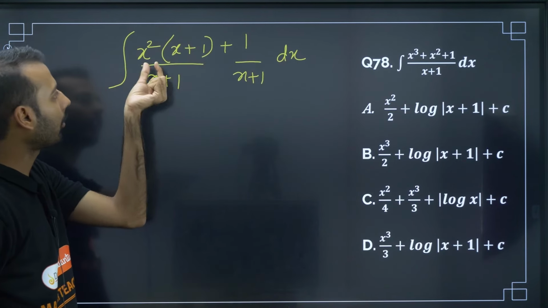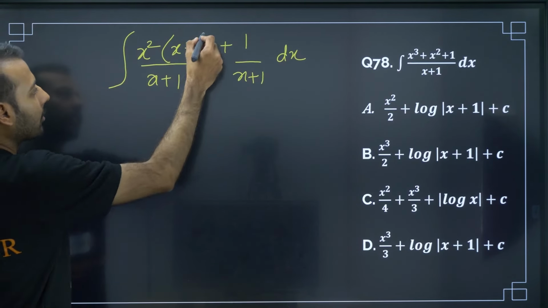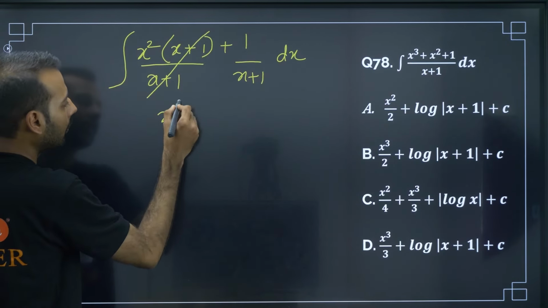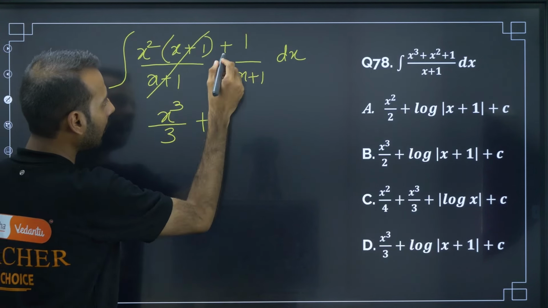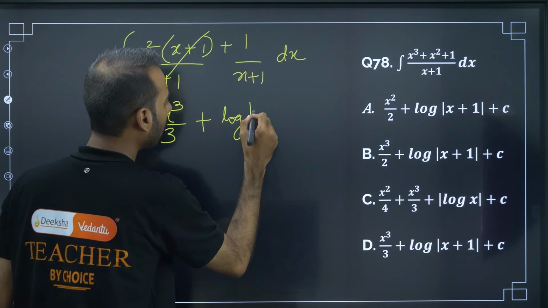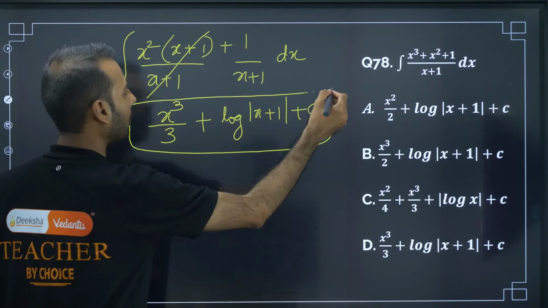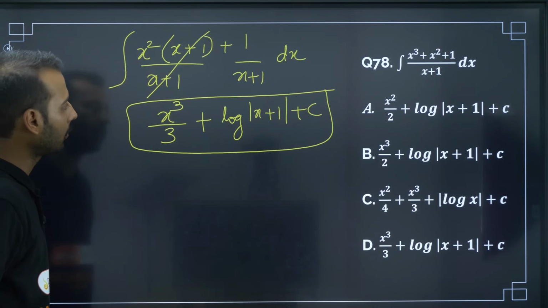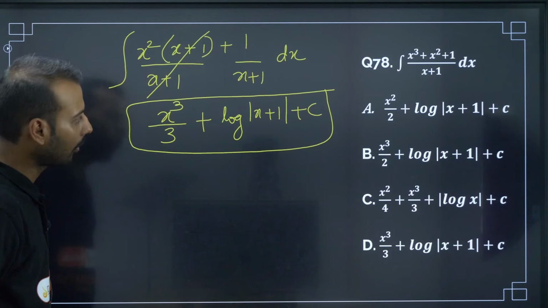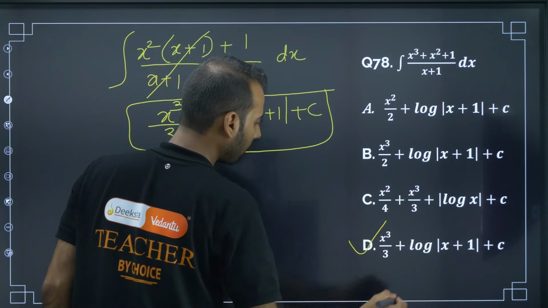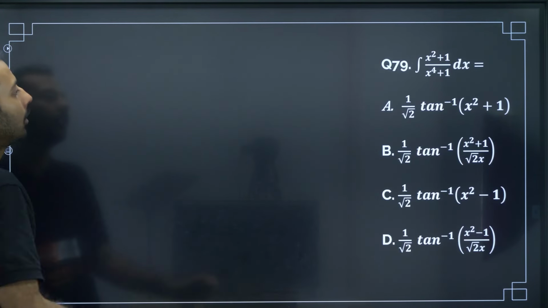In this x square I have taken x plus 1. Next, if I cancel this off, integration of x is x cube by 3 plus integration of this is log mod x plus 1 plus c. So is there any such option, x cube by 3 plus log mod? Yes, D is the answer for this. Moving on to the next question.